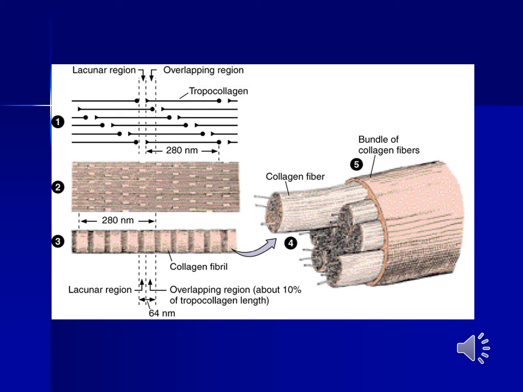structure. The specific characteristic of collagen fibers is that they are strong, not elastic, and stain with eosin and form an acidophilic color in hematoxylin and eosin. It is a dark pink or red color.